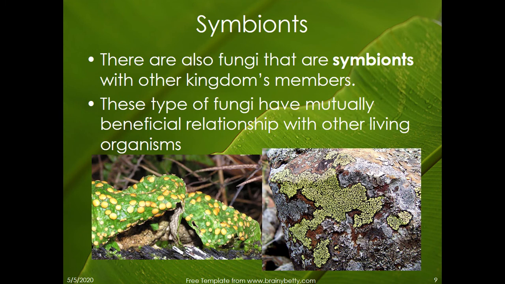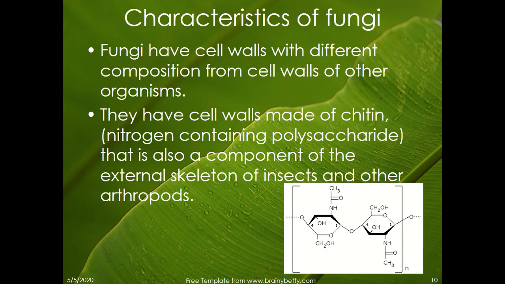Last, they can form a symbiont with other kingdom members, such as with plants and maybe with other types of fungi. This type of fungi has mutually beneficial relationships with other living things.